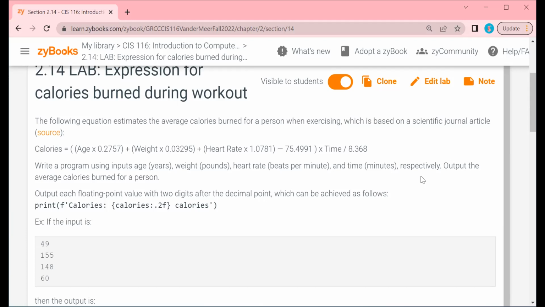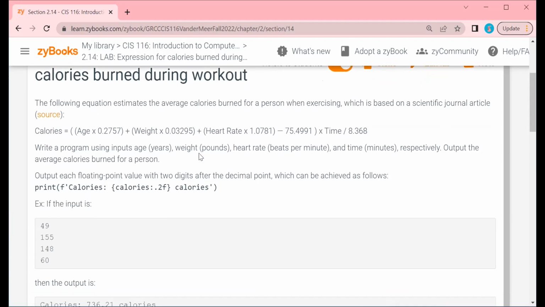Okay, this next program here, we're calculating how many calories you burn during a workout. That's based on different things, and they give you an example and all these numbers in here. And this is your formula.